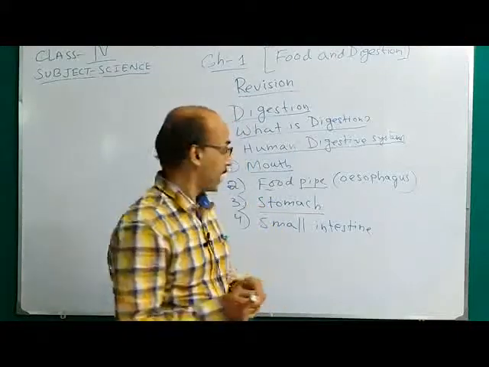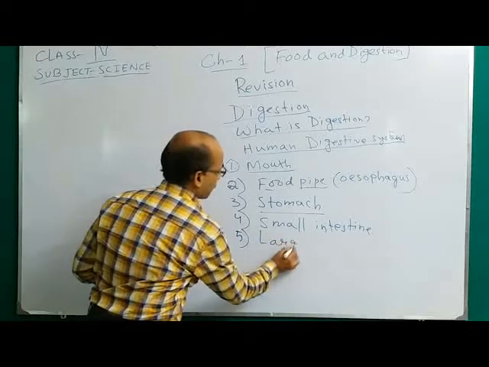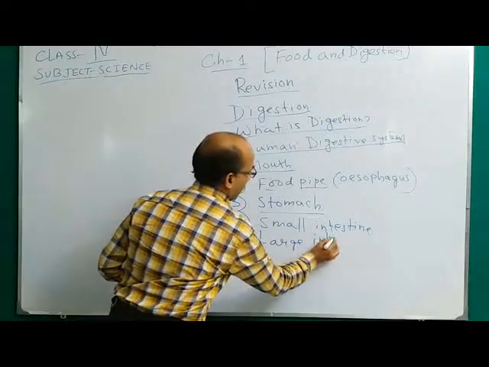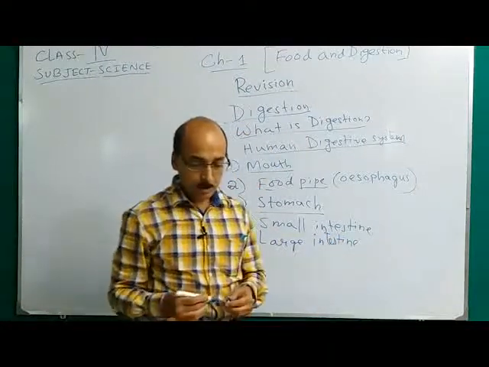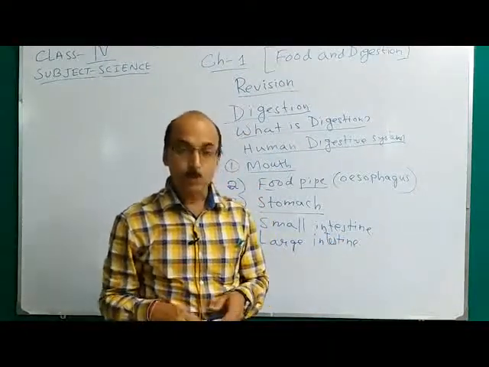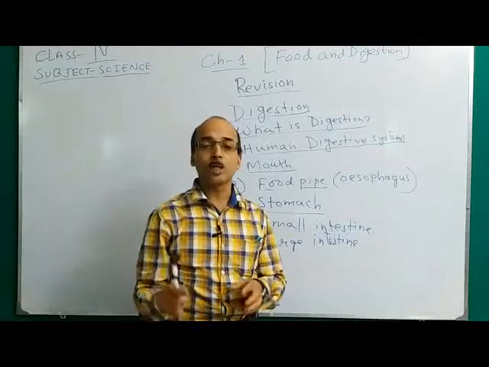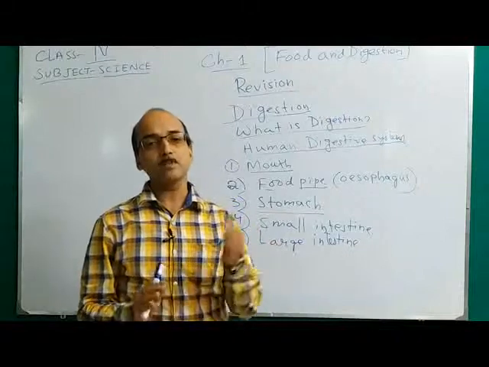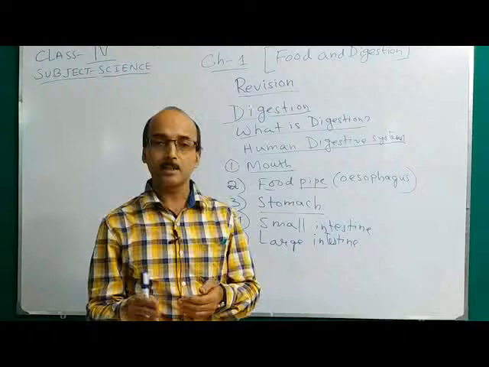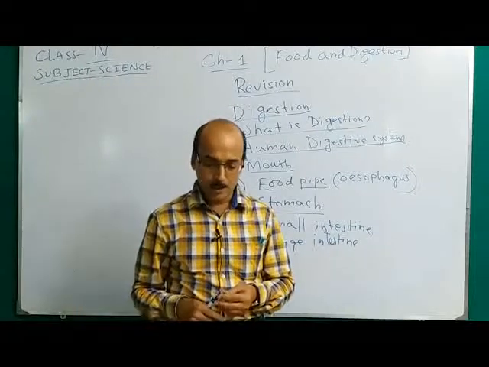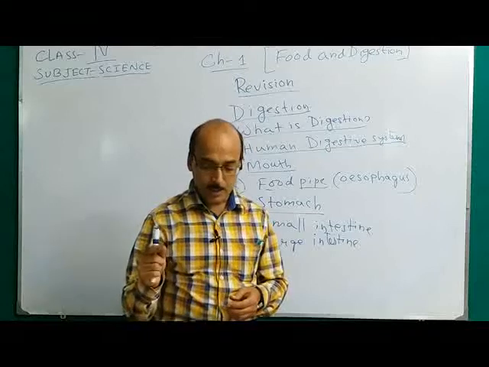After the small intestine, it is now the large intestine. After the small intestine, the food goes to the large intestine. It holds the undigested food. The food that is digested in the small intestine is absorbed, and the leftover food that is not digested goes to the large intestine.